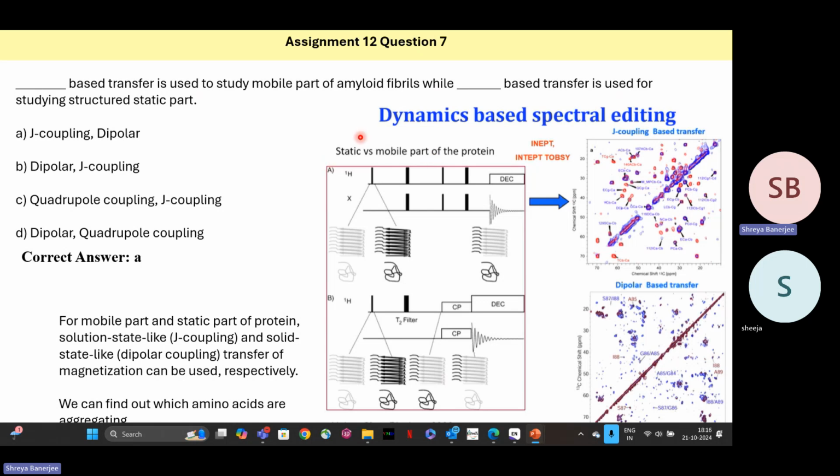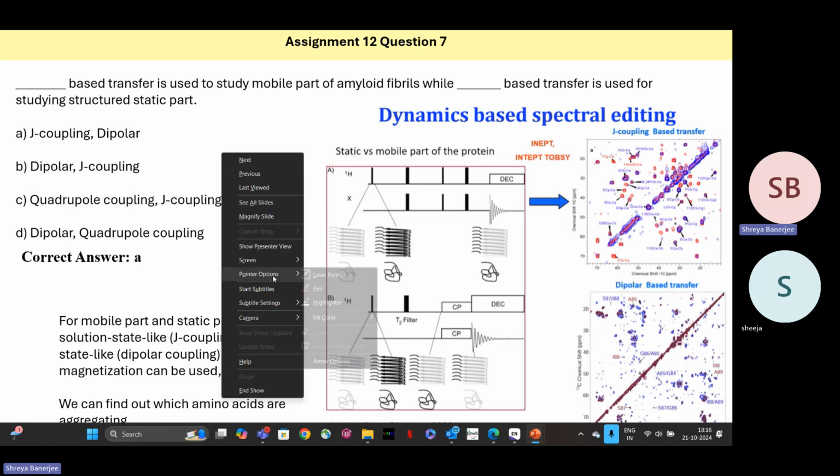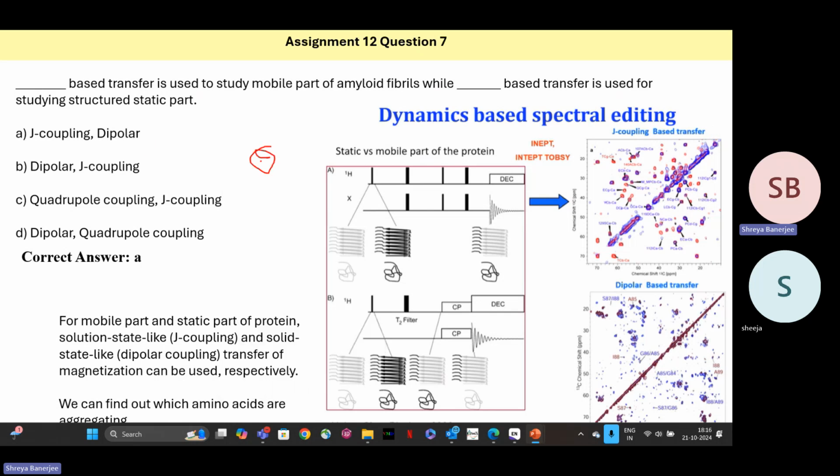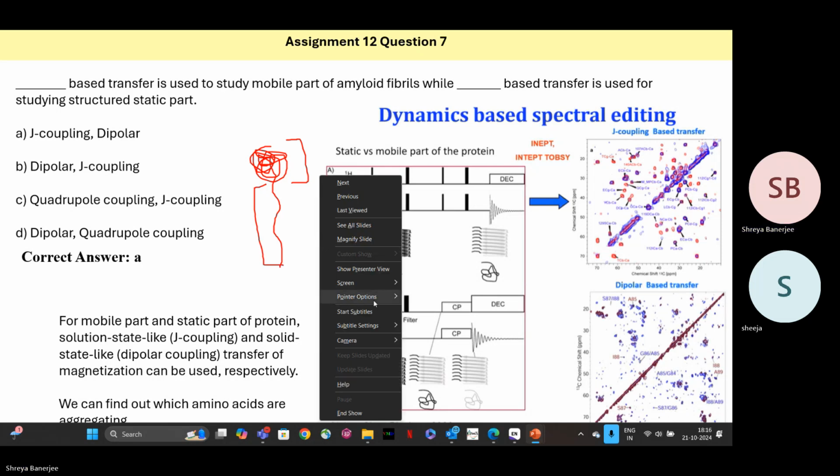So in the previous class, we covered something called dynamics-based spectral editing. Suppose you have a protein where a certain part is folded and a certain part is unfolded. So this is the static part of your protein and this is the mobile part of your protein.